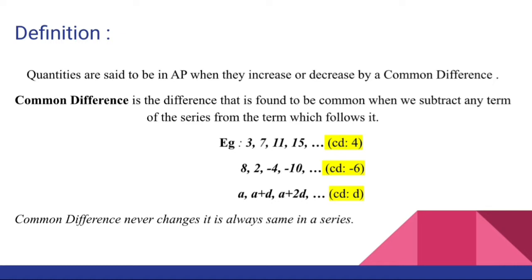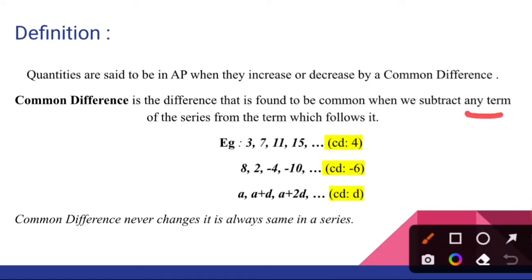if you see the common difference, what is common difference? Common difference is a difference that is found to be common when we subtract any term of a series from the term which follows it.